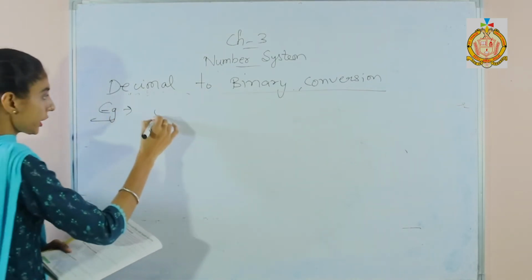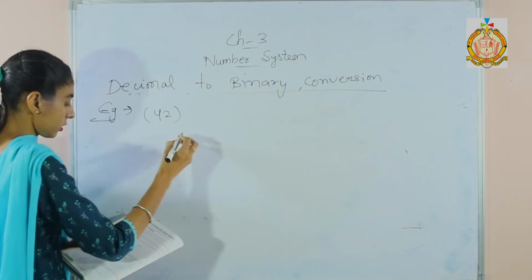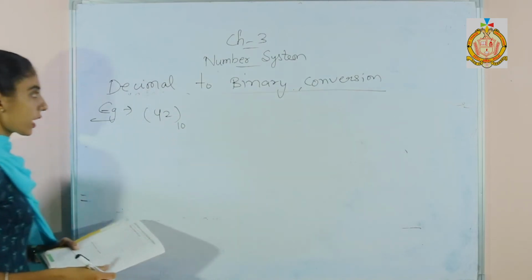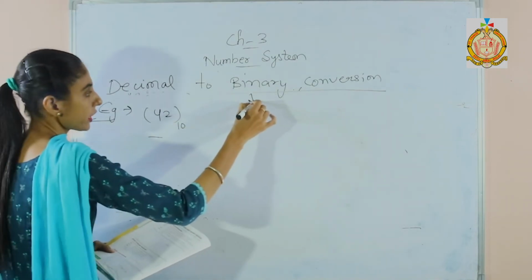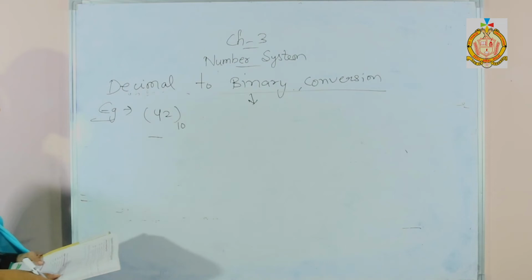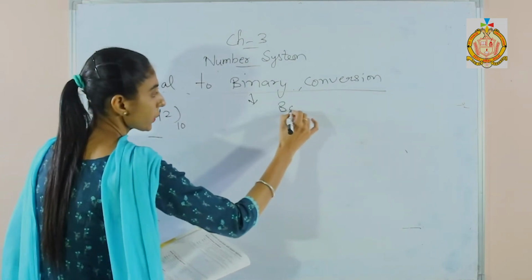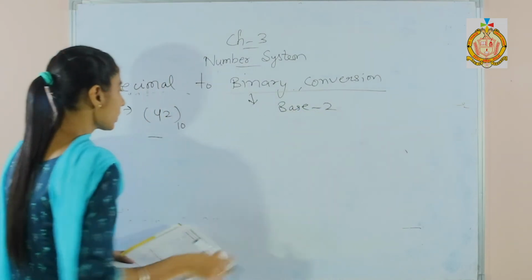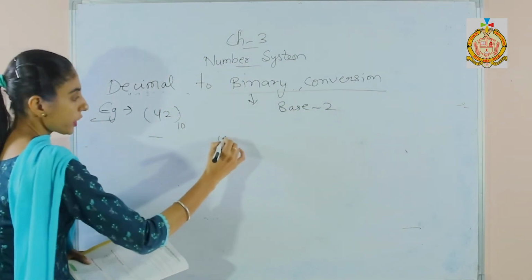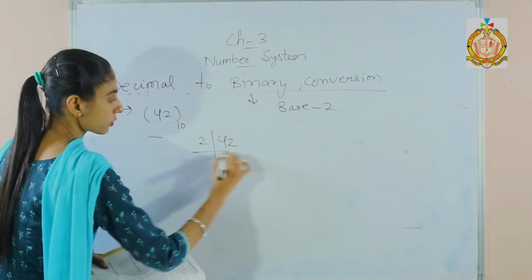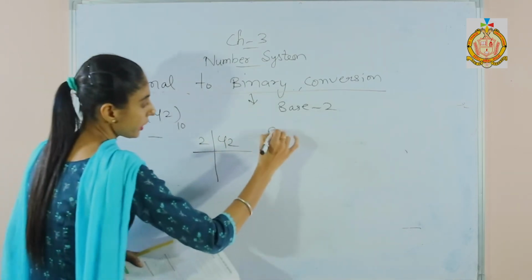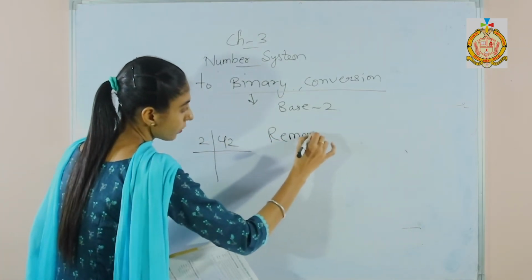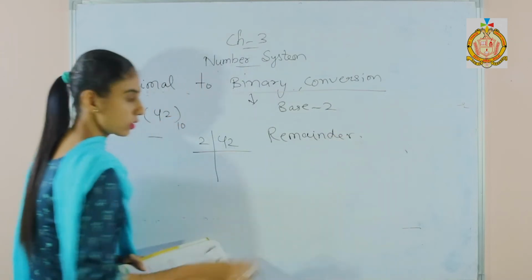Example is 42, base 10. We have to convert this to the binary number system, and in the binary system your base is 2. So you have to divide 42 by 2 and write the remainder on that side.